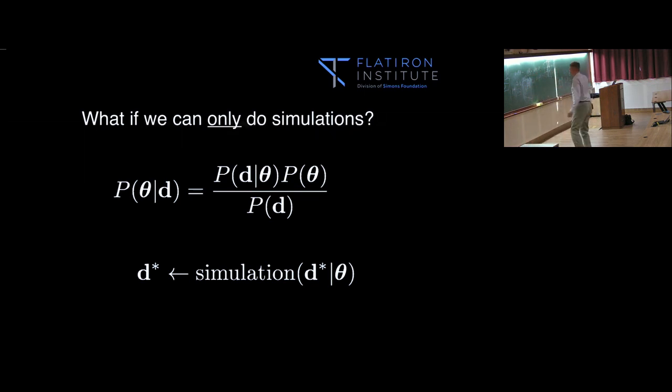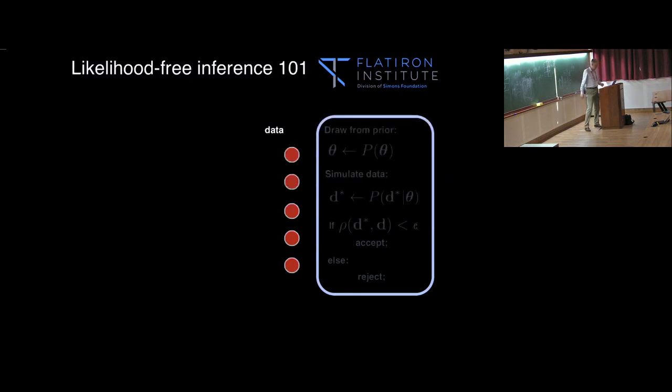So let's say we are in that limit. We have a prior, and we can simulate given parameters, but we don't know how to evaluate the likelihood. We don't have a forward model, we don't have the full analytical form of the likelihood, or even a numerical one to evaluate.